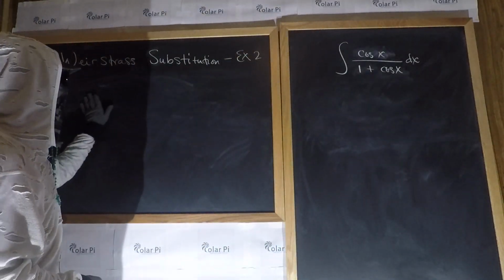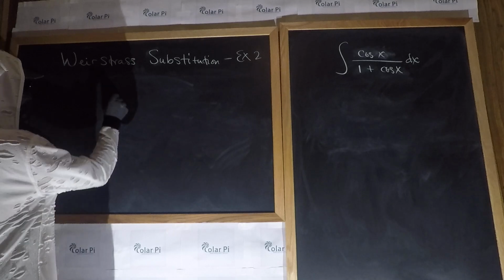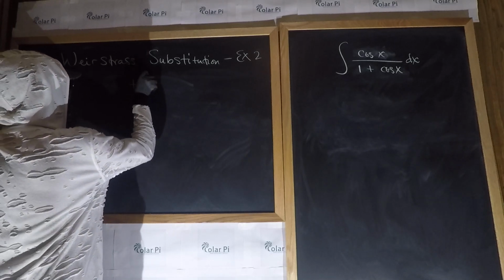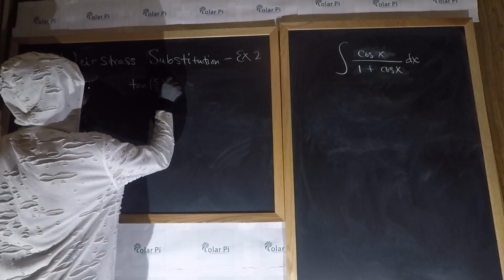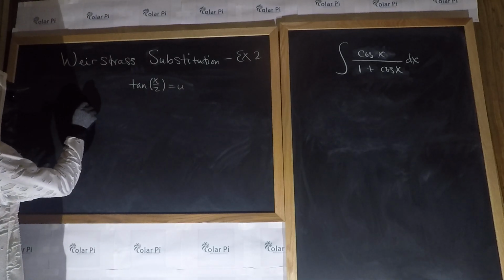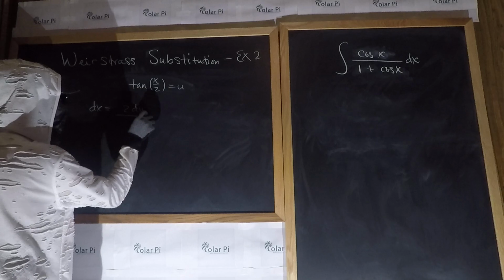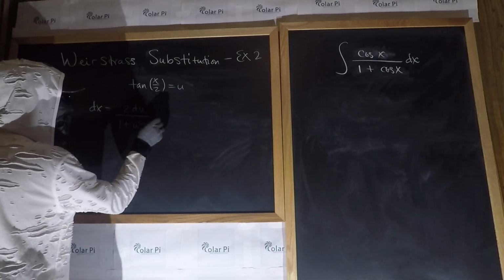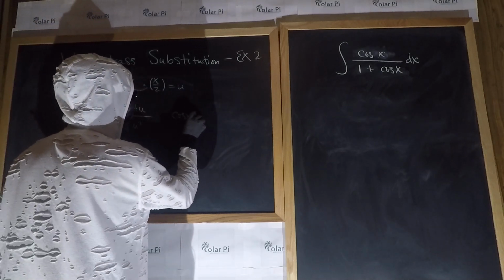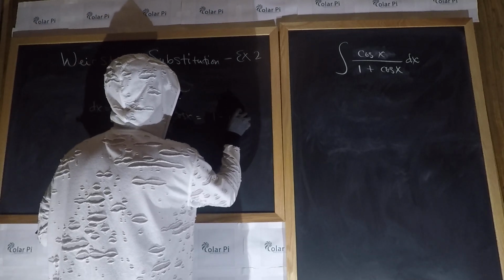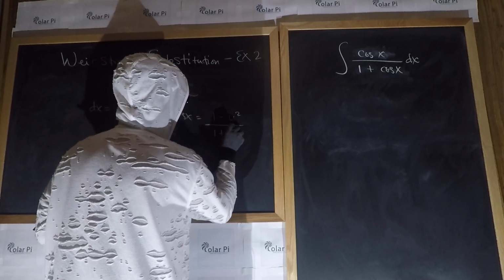Now, in example 0, we said that all Weierstrass substitutions start with tan of x over 2 equaling u, and from there it follows that dx is 2 du over 1 plus u squared, and then cos x will be 1 minus u squared over 1 plus u squared, right?